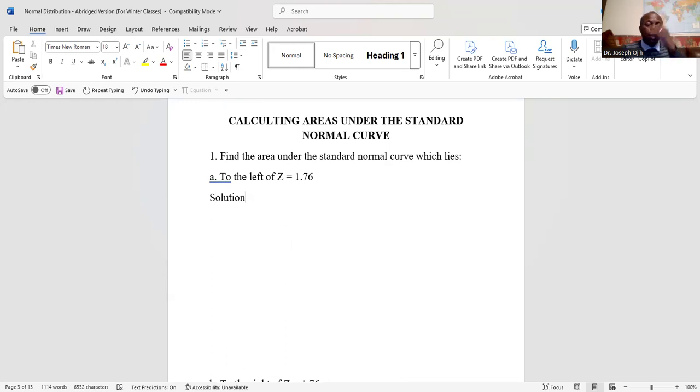We are talking about the area to the left of Z 1.76, so we put 1.76 here first. Then we can draw the chart.